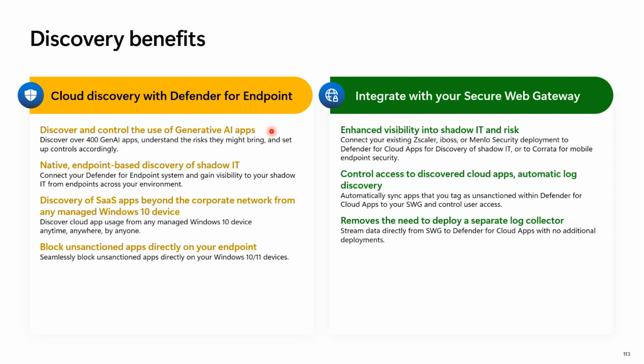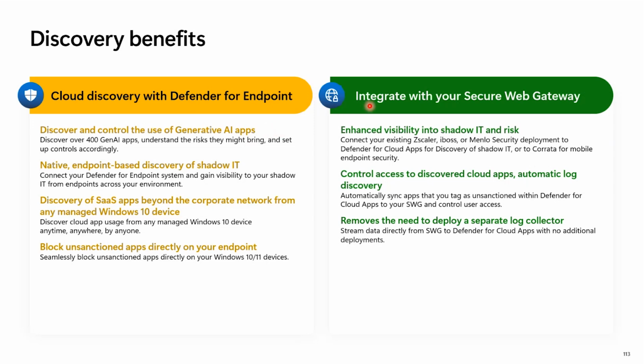So the whole idea is we want to make sure that we're not giving other AI apps access to our corporate data, because we don't want that corporate data to find its way into that public LLM and then having that information accessible by anyone.